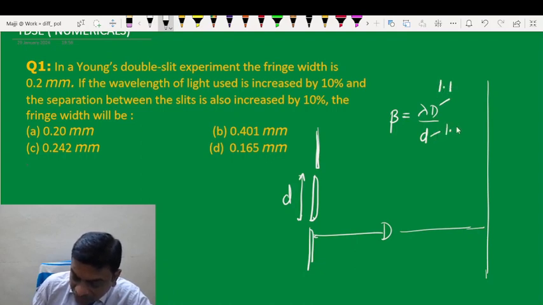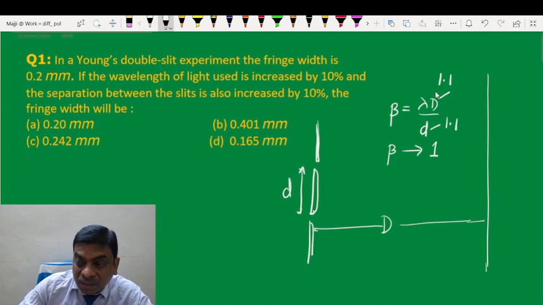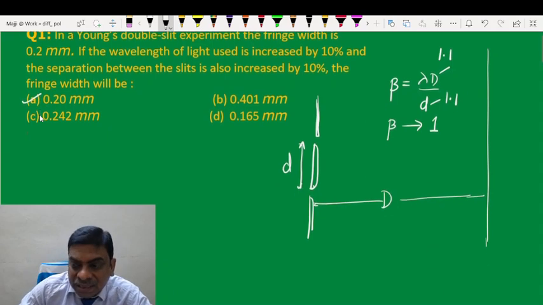This is also increased by 10%, it will also become 1.1 times. So the factor of change for beta is still 1 because the ratio capital D by small d did not change. Even though individually they changed, their ratio did not change. So there is no effect on beta. Beta will remain the same, students.